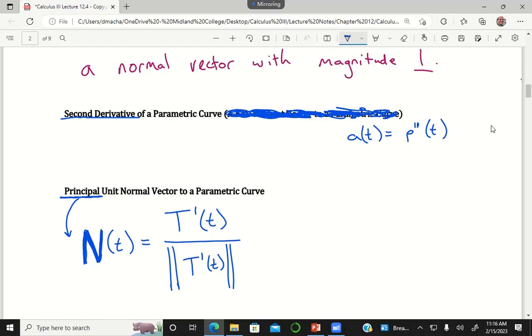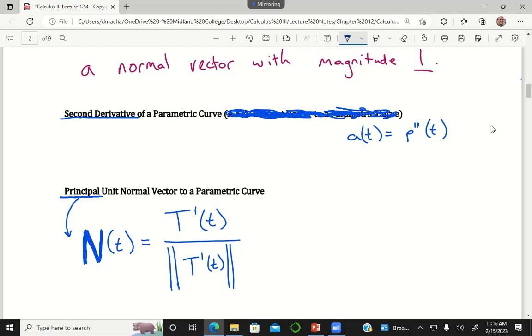And it's kind of surprising, at least to me. I was a little bit surprised at first to think if you have the unit tangent vector and you just take its derivative, that's always going to be a vector orthogonal to the unit tangent vector. It's kind of neat.